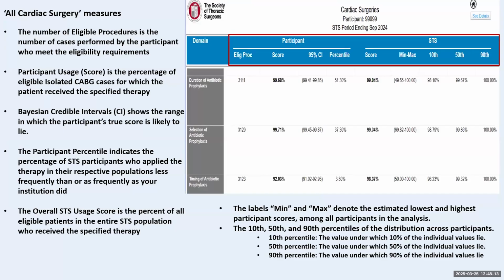And you can see it's very similar. You've got eligible procedures, a score, a credible interval, your percentile, and then the STS score, min, max, 10th, 50th, and 90th percentile there. Very similar looking to the other reports.